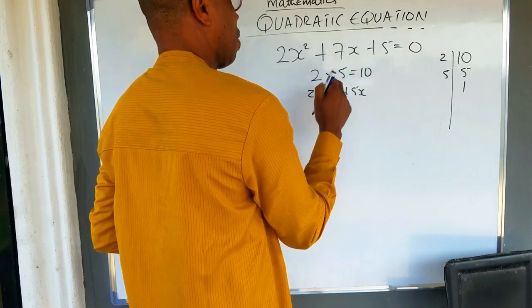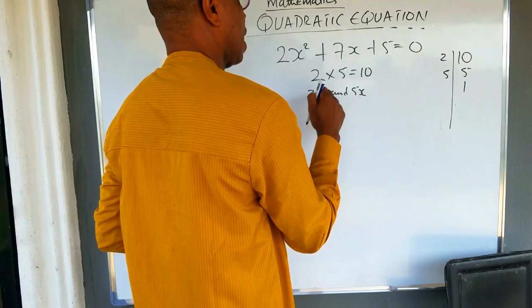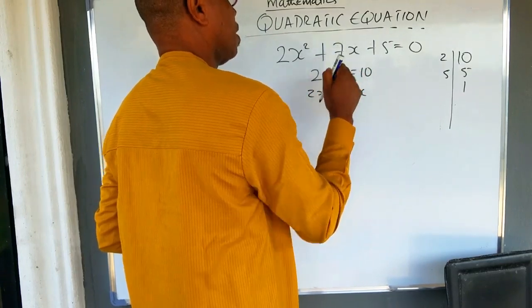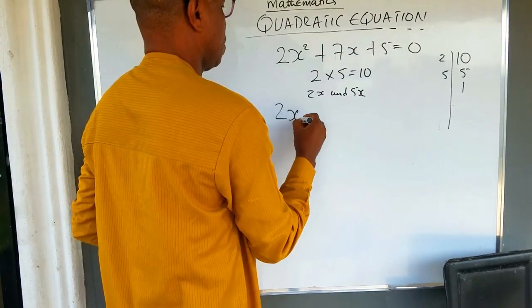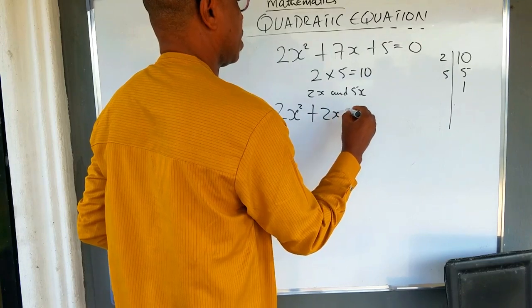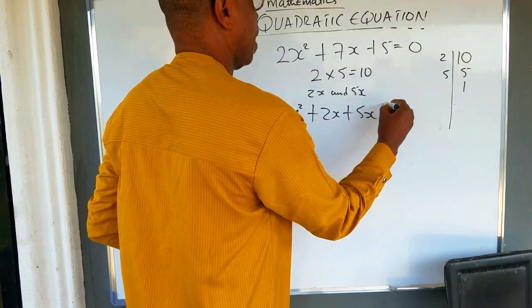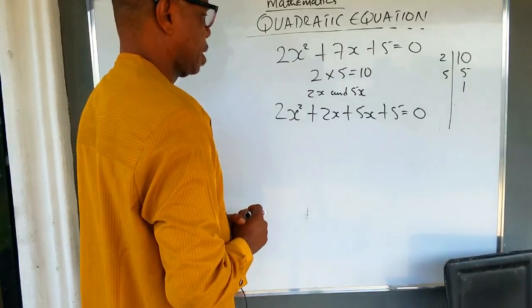So since we've gotten the 10 now, we say 2 times 5 will give us 10, and 2 plus 5 will give us 7. So we now replace this 7x with 2x squared plus 2x plus 5x plus 5 equal to 0. The same process again.